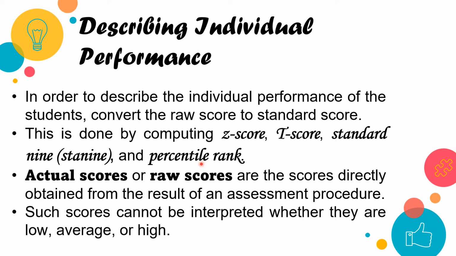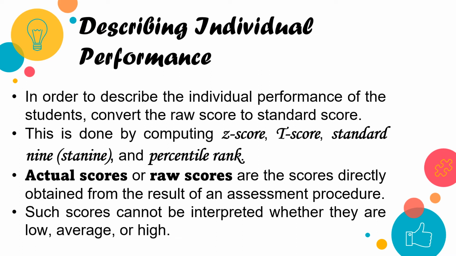So ito yung sinabi ko na the values or the numbers right after you gathered your data do not signify anything. So mao na nga kailangan ginato siya i-convert, for us really to interpret or for us to give meaning kung ano talaga yung meaning.